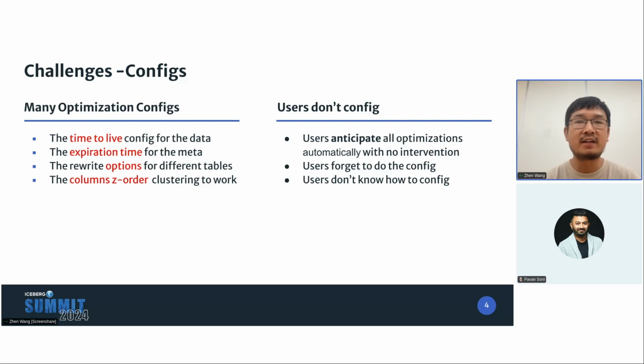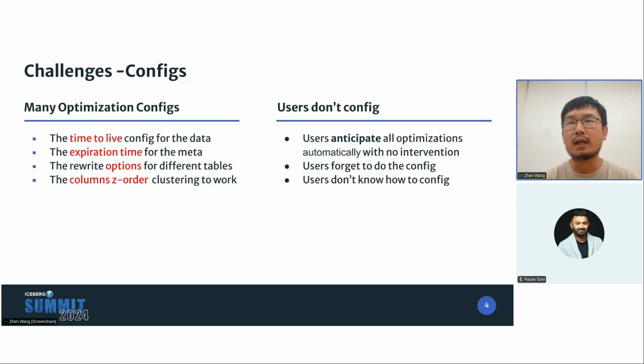The left-hand side is the configurations we have to come up with and actually do. The right side is what we actually observe in production. The users actually don't configure, like mentioned previously. They anticipate all optimizations happen automatically with no intervention.